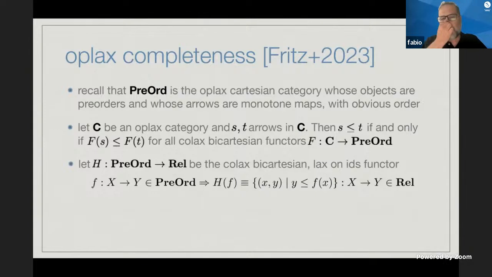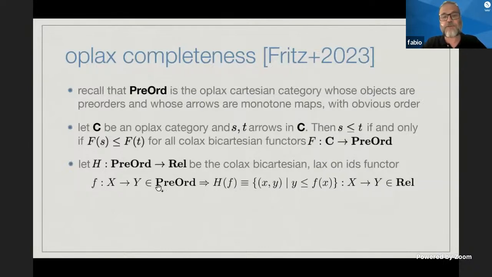Okay, and what happens with rel? Well, we are almost there in the sense that there is an obvious functor from preorder to rel, which is Oplax bicartesian, but unfortunately, it doesn't map identities to identities. But it is lax on identity. It doesn't really map an identity to an identity itself. This is the order.